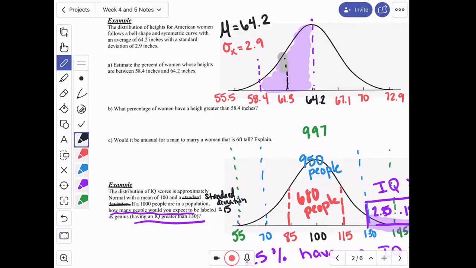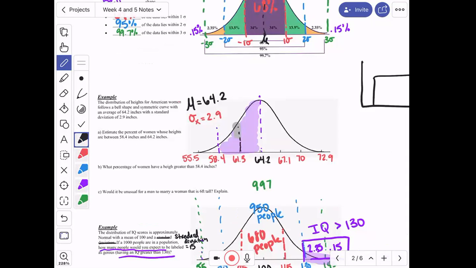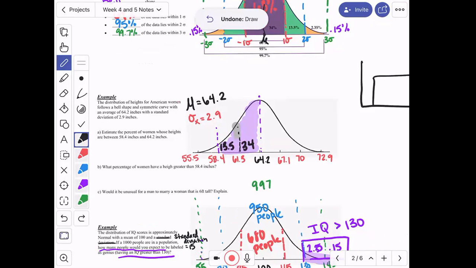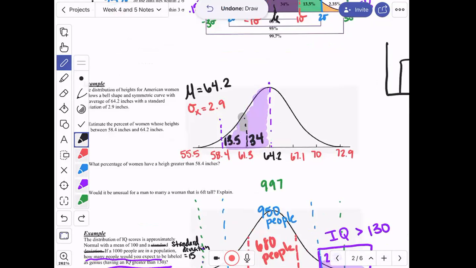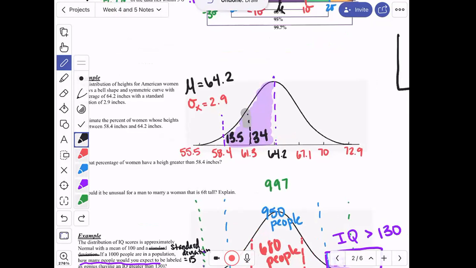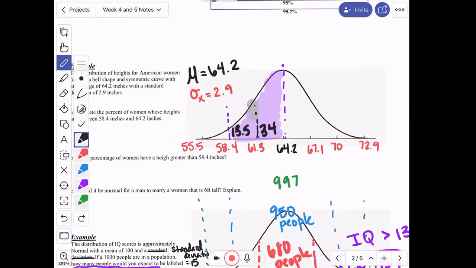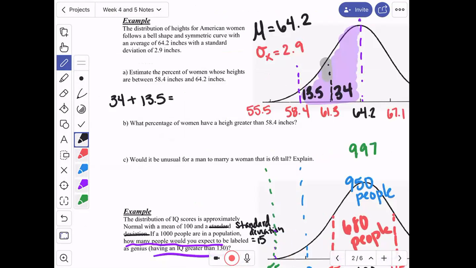If I go back up here and look at this, I see that's 34%, and right here is 13.5%. So to estimate the percentage of women inside of there, I just add up 34 plus 13.5, and I get 47.5%.